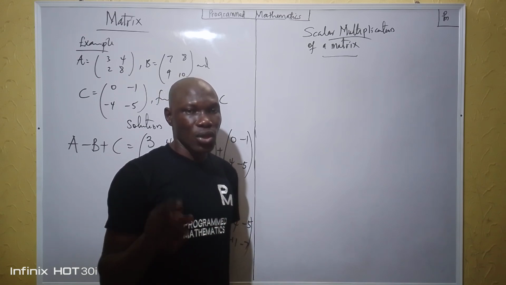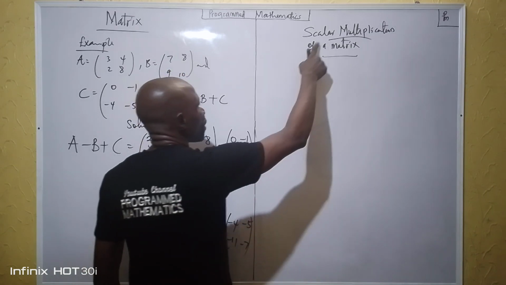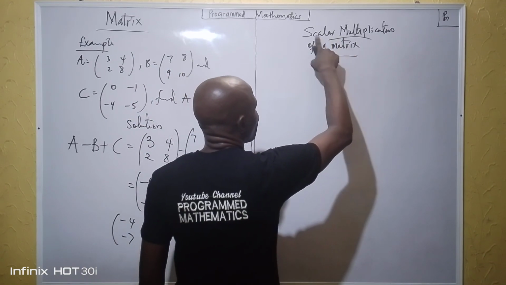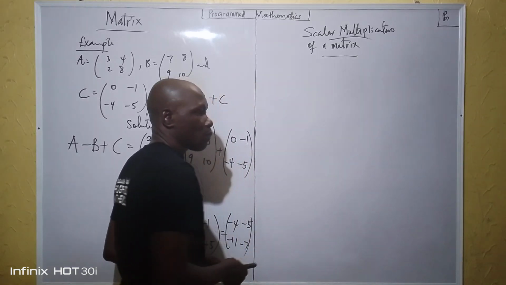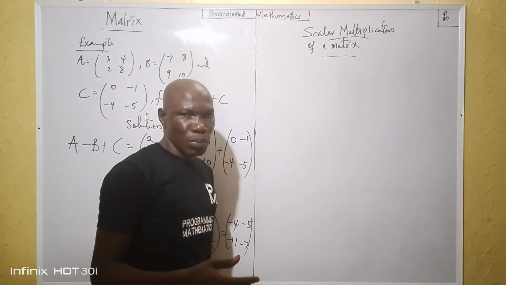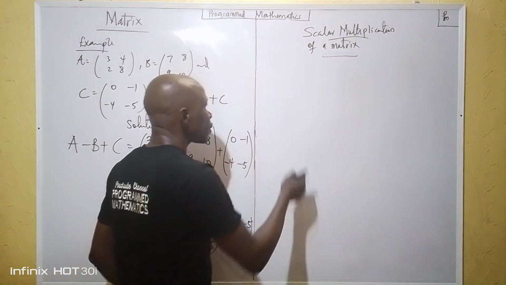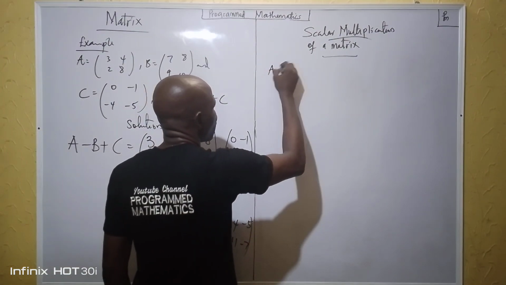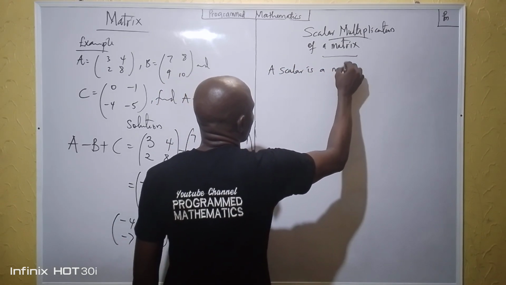So when we say scalar multiplication, it simply means using a number to multiply the elements of a matrix. In this case, a scalar is a number.